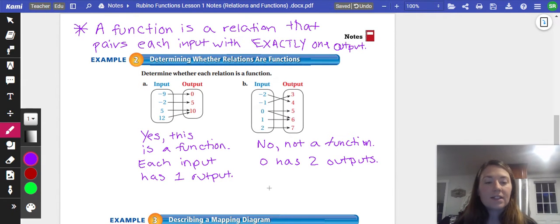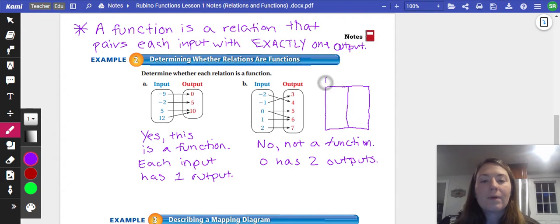Now, like I said, in this section, we are also going to see some of these shown as tables instead of mapping diagrams. So if this information were to be shown in a table, I'm going to show you what that would look like. So I will still have input here and output here.